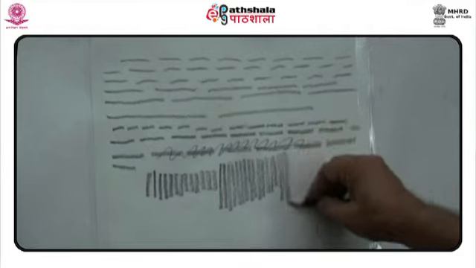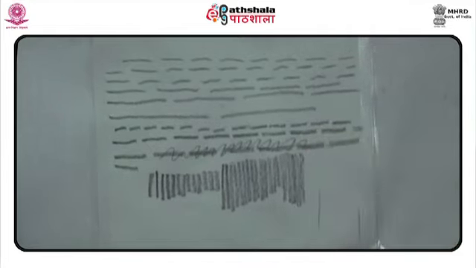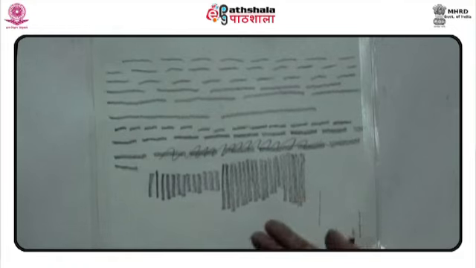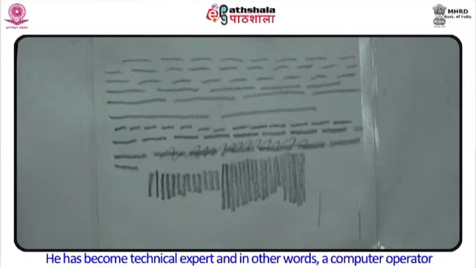These days, an artist is becoming too much dependent on computers for all the small things too, and has gone weak in drawing a concept on paper. He has become a technical expert, in other words, a computer operator.